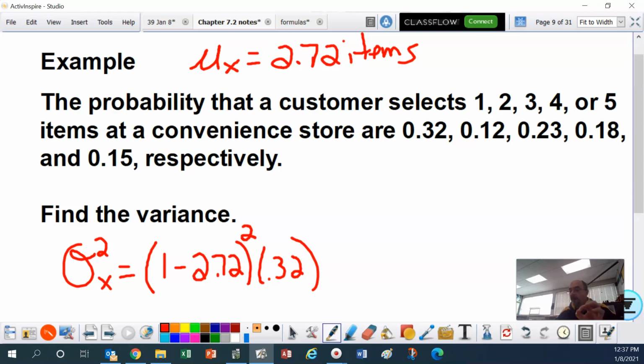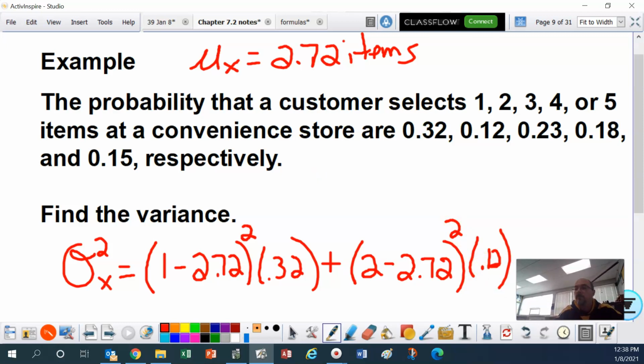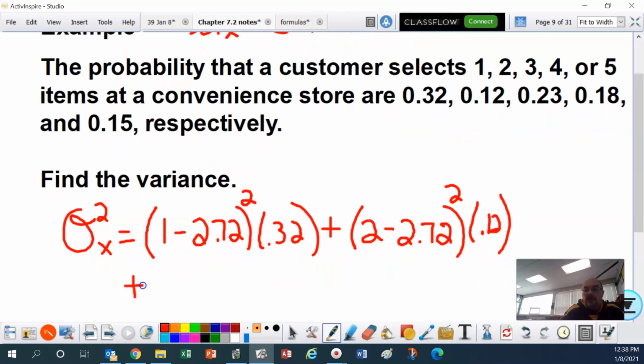One item minus the mean squared times its probability, plus 2 items minus the mean, or the expected value, sorry, let me use the word expected value, squared times its probability. Plus, and again, there's no shortcut. You can't type this into anywhere on the calculator and it's going to spit out the answer. You have to actually go type this whole thing in. This is one of the few times where the calculator doesn't shorten it up very much.